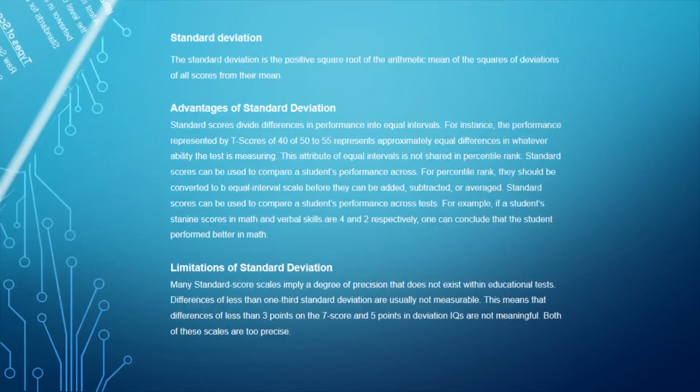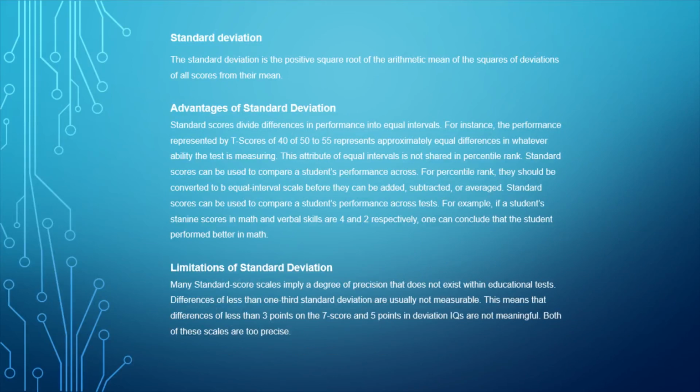Standard deviation: the standard deviation is the positive square root of the arithmetic mean of the squares of deviations of all scores from their mean. Advantages of standard deviation: standard scores divide differences in performance into equal intervals.